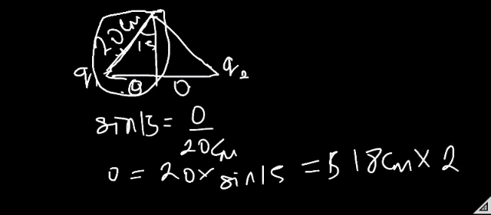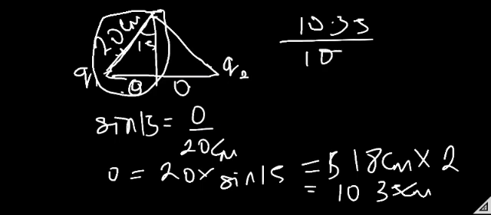So this times 2 gives us 10.35 cm. This is in cm, so we divide by 100. That is 10.35 over 100, which is equal to 0.1035.